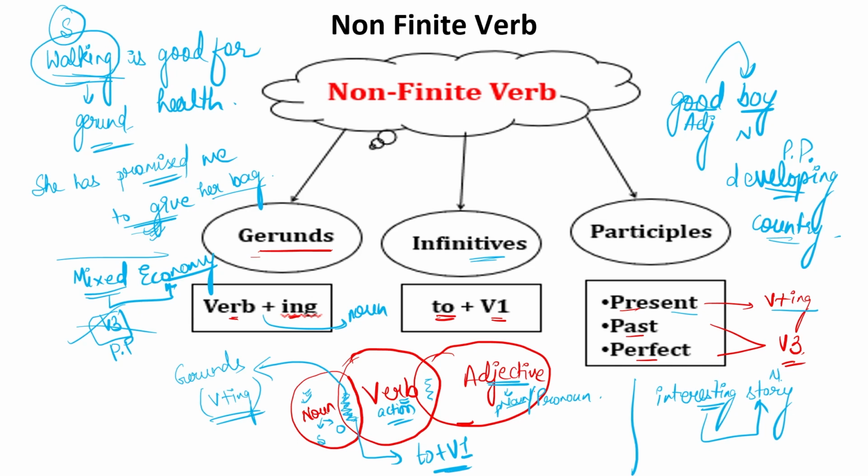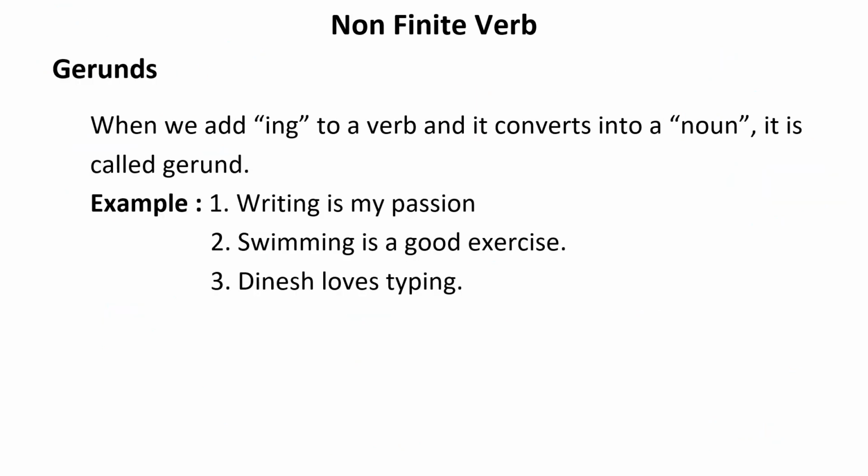Now let's learn these individually. First we have gerunds. So what are gerunds? Whenever we add ing to a verb to make it a noun, it means it behaves like a subject or an object.